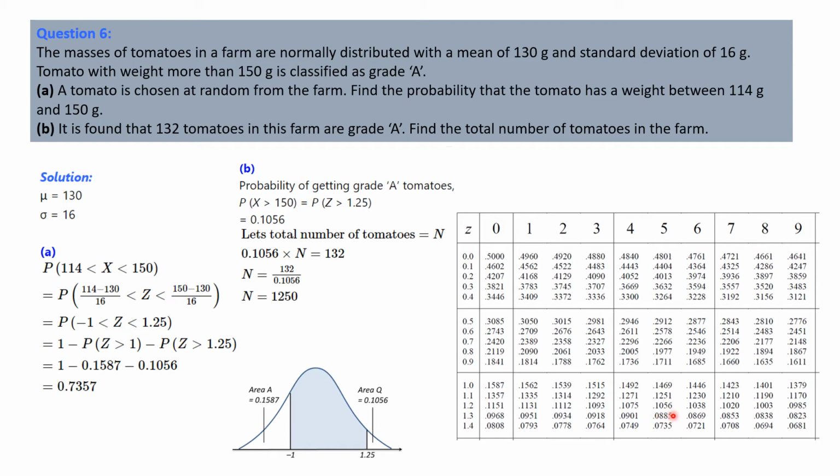So if the total number of tomatoes is n, 0.1056 multiplied with the total number n will be equal to 132. Therefore, we can find the value of n by dividing 132 with 0.1056. So our n is 1250.